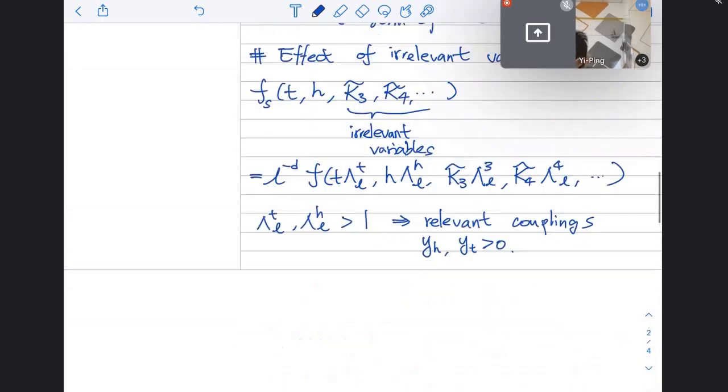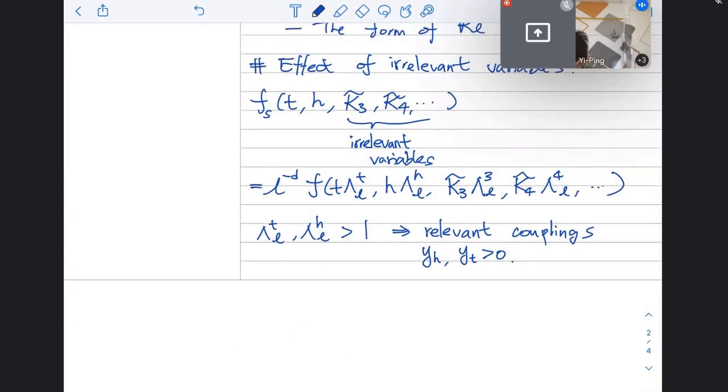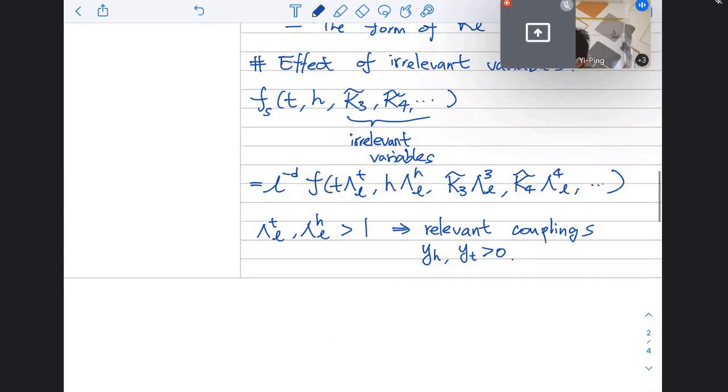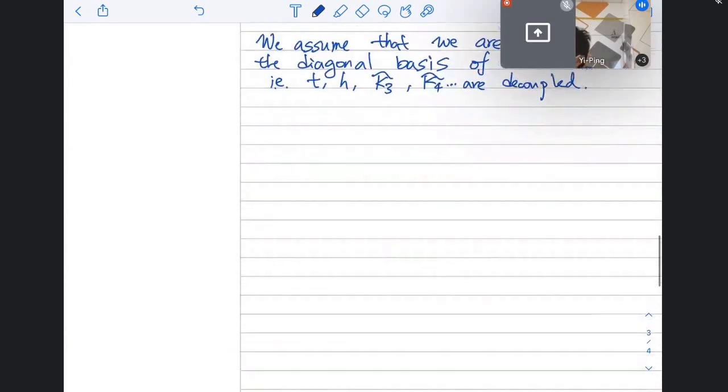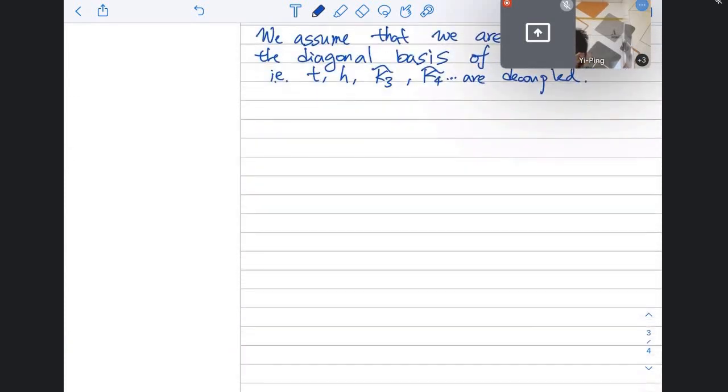Now this is basically one step of performing RG. As we discussed previously, in principle we want to perform this RG transformation iteratively.